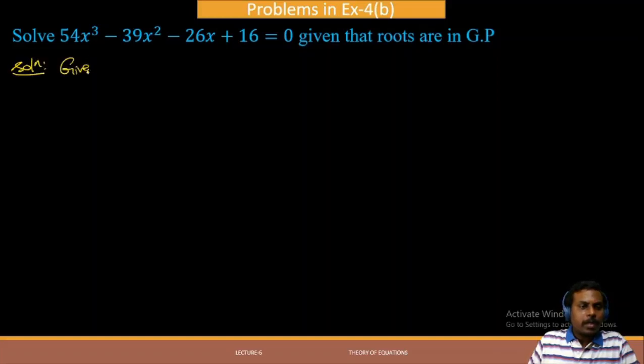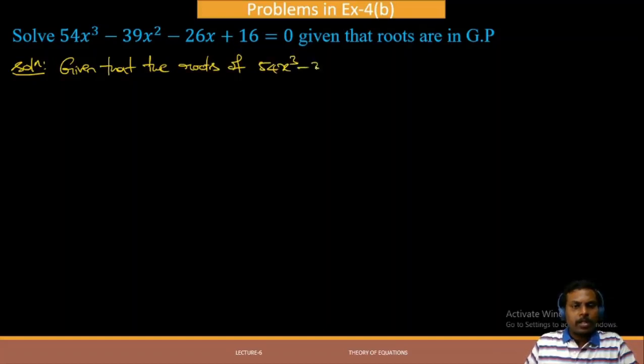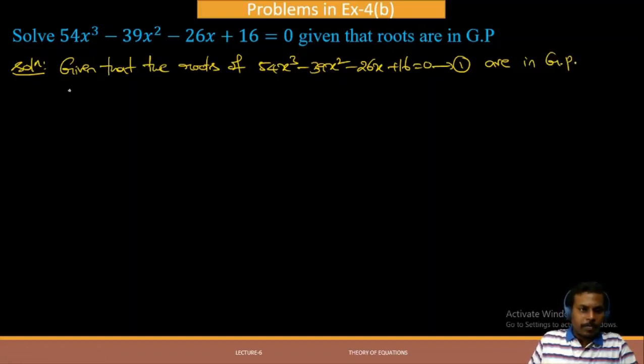It is given that the roots of the given equation 54x cubed minus 39x square minus 26x plus 16 is equal to 0, call it equation 1, are in geometric progression.